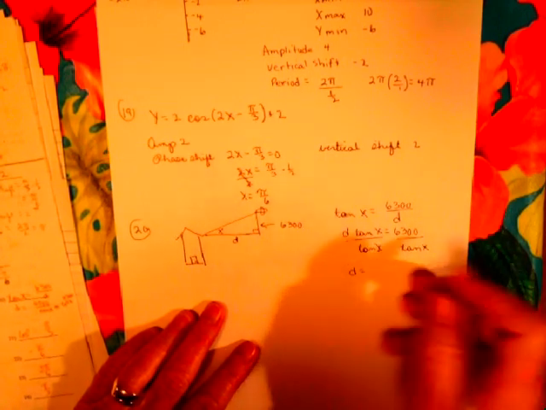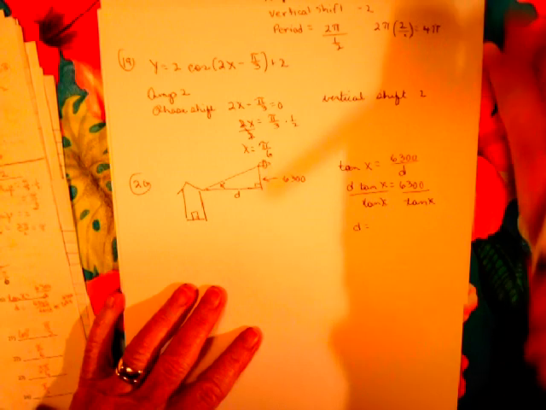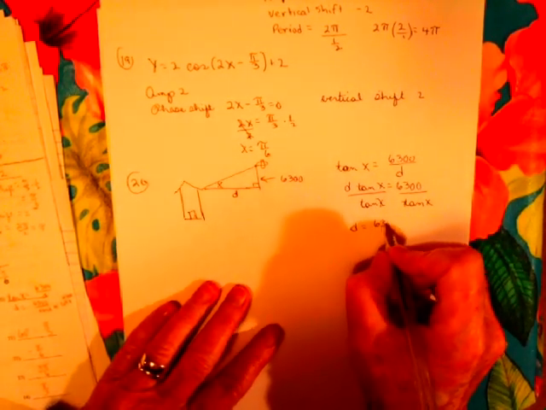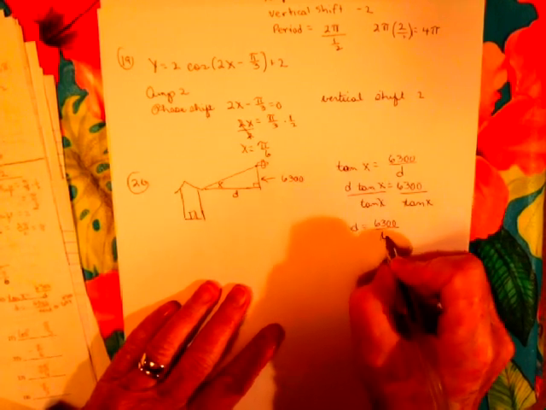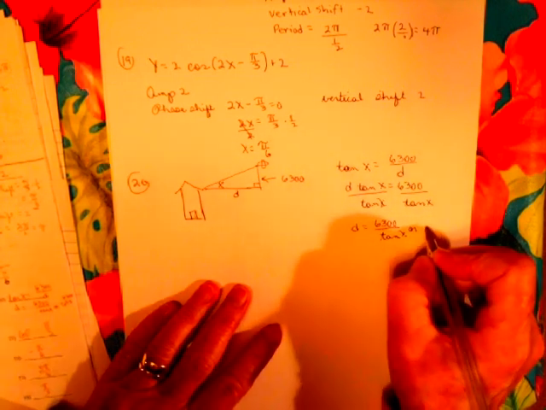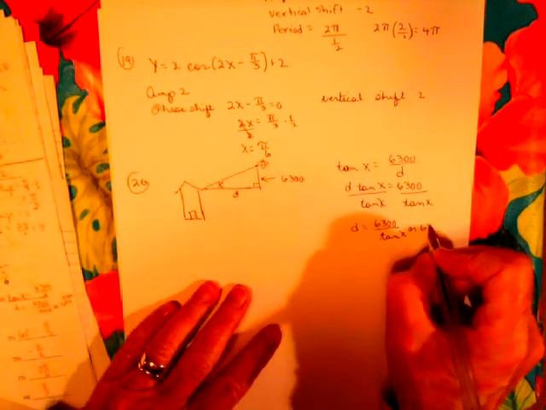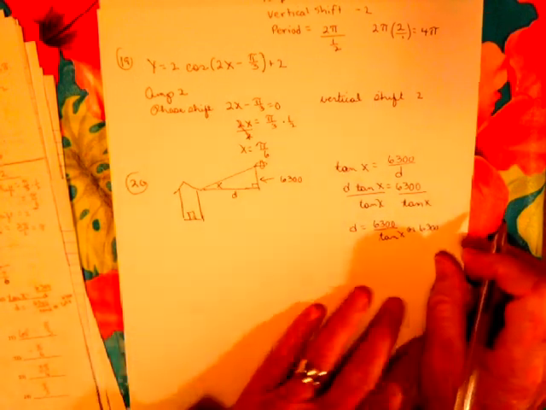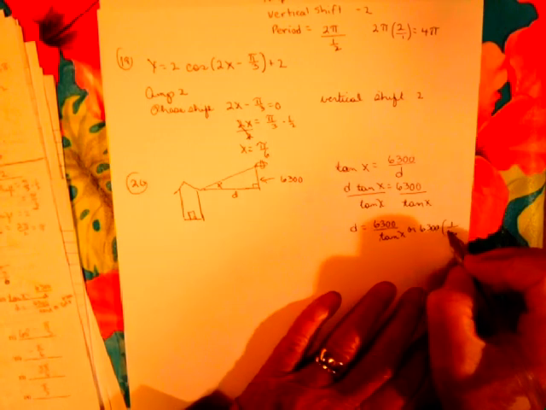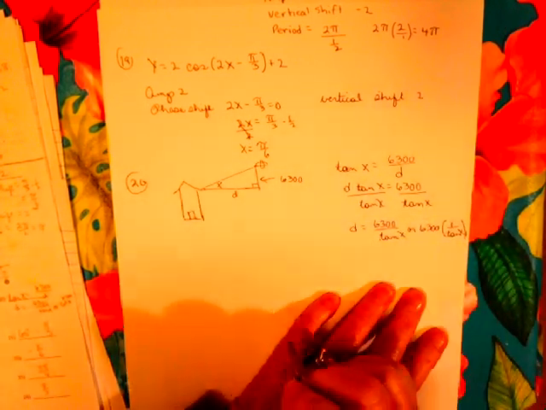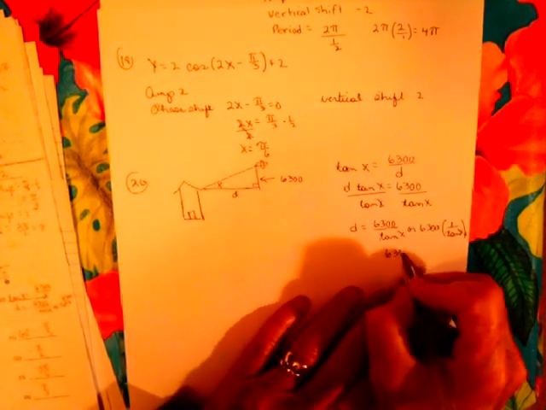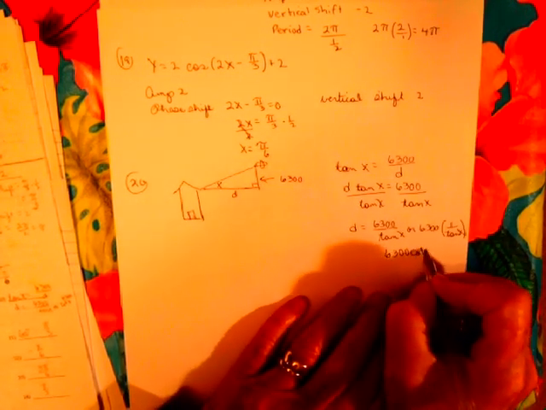D equals 6,300 over the tangent of x. Or 6,300 times 1 over the tangent of x. 1 over the tangent of x is cotangent, so that would be 6,300 cotangent of x.